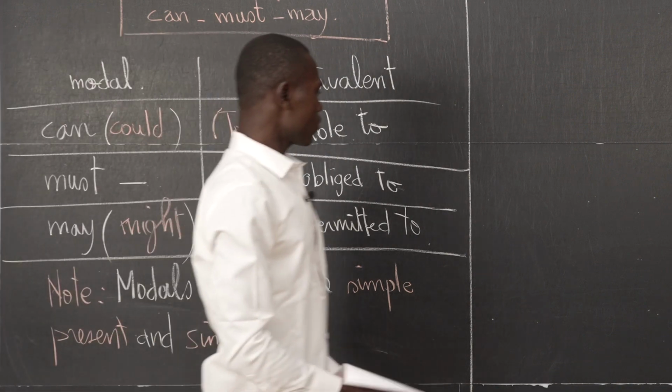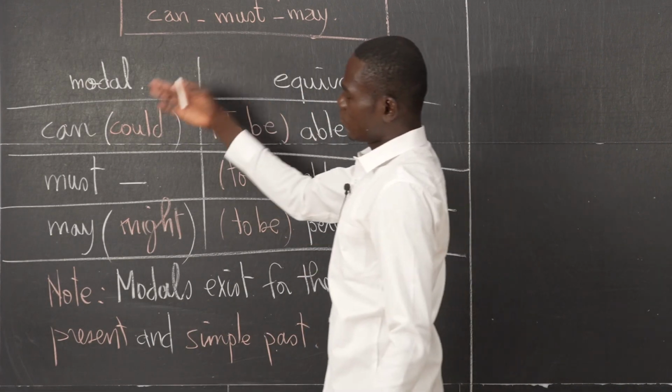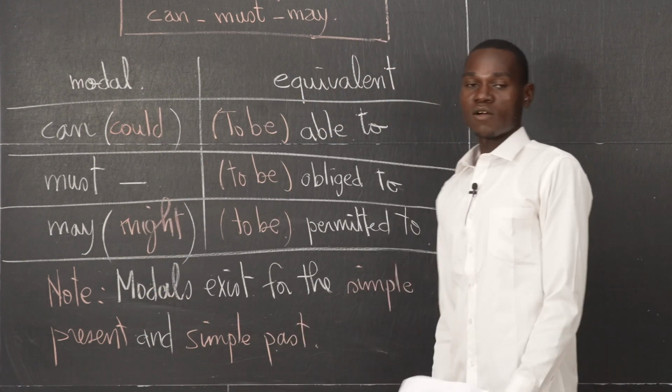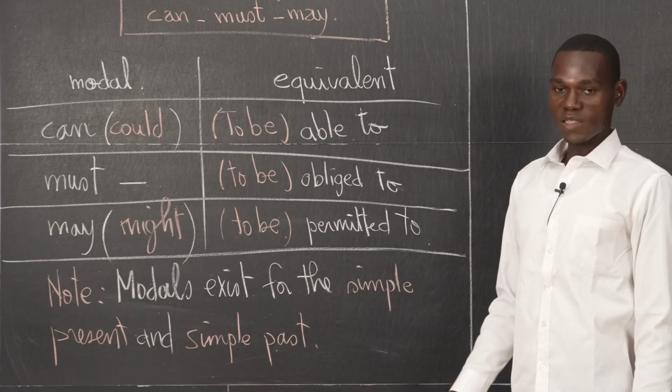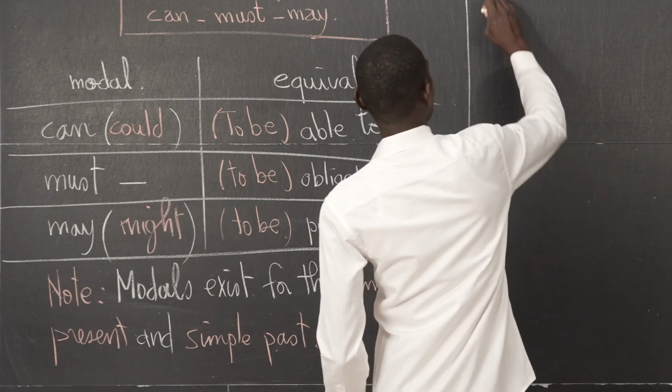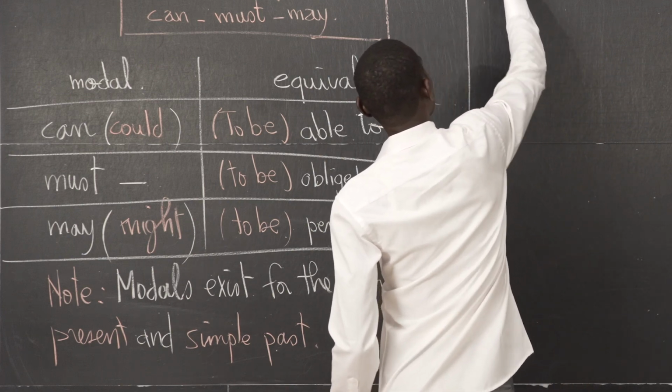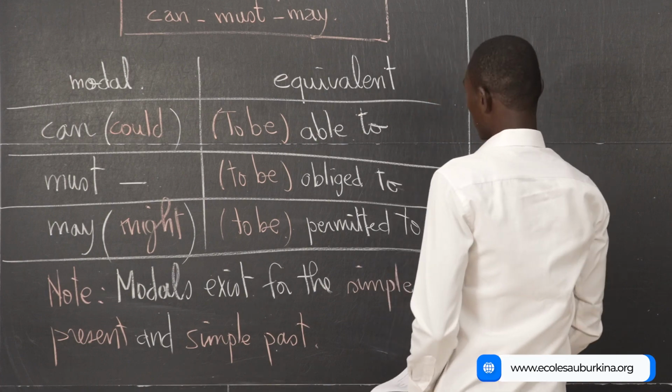So you can use can, must, may in the simple present or in the simple past, but for the other tenses we use the equivalents.